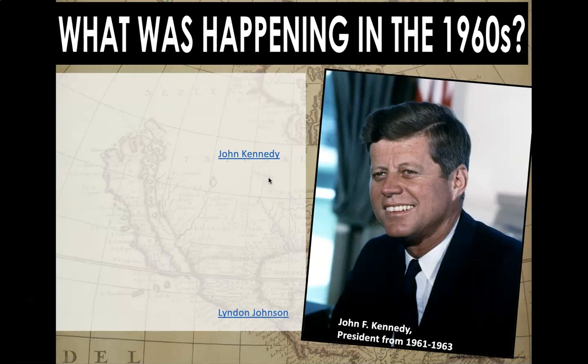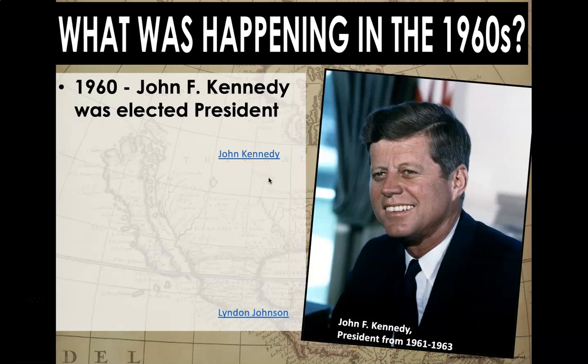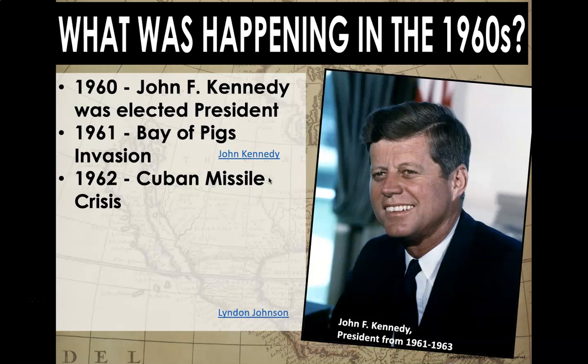Now, next we have Kennedy, who becomes president from 1961 to 1963. Kennedy was a firm advocate for the civil rights movement. So in 1960, Kennedy is elected president. He, at that point, was the youngest president that we'd had in office. In 1961, we have the Bay of Pigs invasion, which all goes back to the Cold War with Cuba and the Soviet Union.